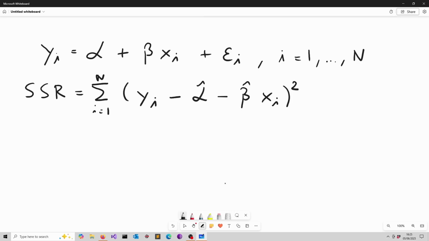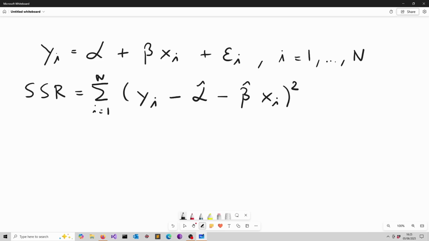Note that we replaced the alpha and the beta with their point estimates indicated by alpha hat and beta hat. And now our objective is to minimize the sum of squared residuals by selecting optimal values for alpha hat and beta hat.